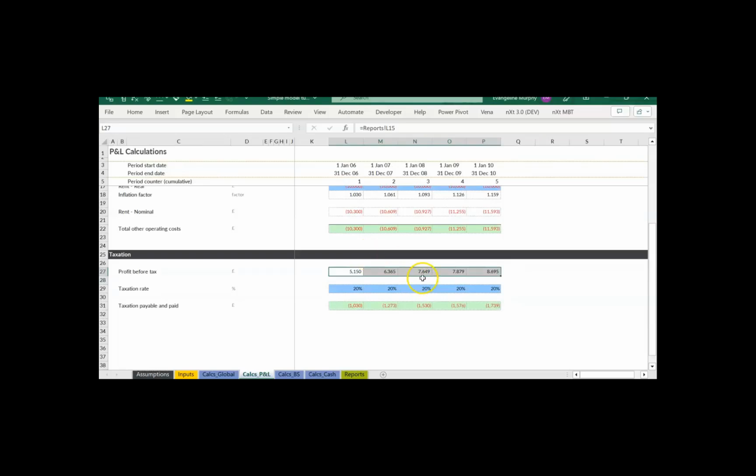We can then calculate our corporation tax by multiplying our profit before tax by our taxation rate. Notice that we have included a max function in here, so we are not multiplying the tax rate by a negative value, as we wouldn't be taxed in that year. In this model, we're assuming that tax is paid in the same year.